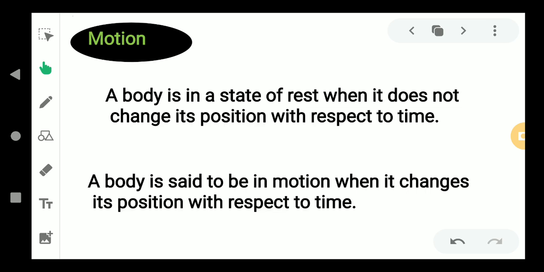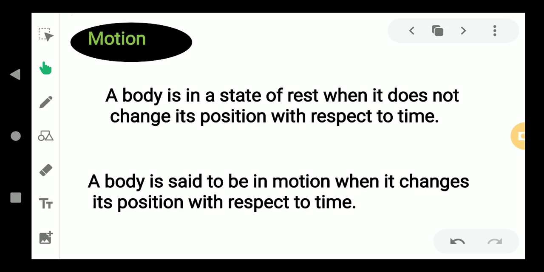If one object is changing its position with respect to time, then we can say that that body is in motion. If that body is not changing its position with respect to time, we can say that that body is at rest.